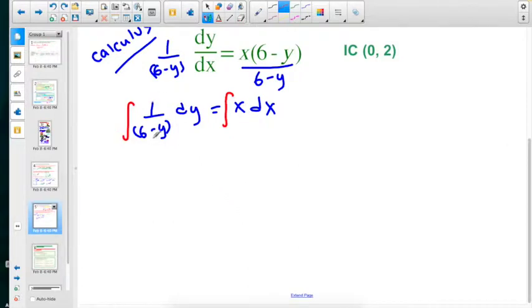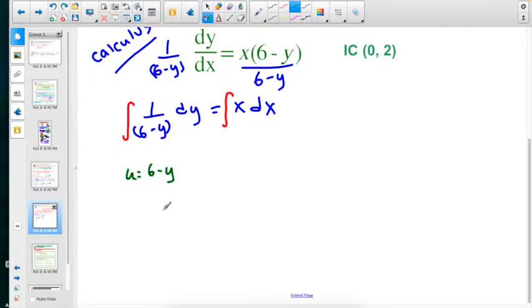We still have 1 over something. So just like the beginning of the lecture on page 1, this is still 1 over something. So we're going to end up with a natural log of something over here. It might be better served if we just go ahead and do our u-substitution and call our u 6 minus y.